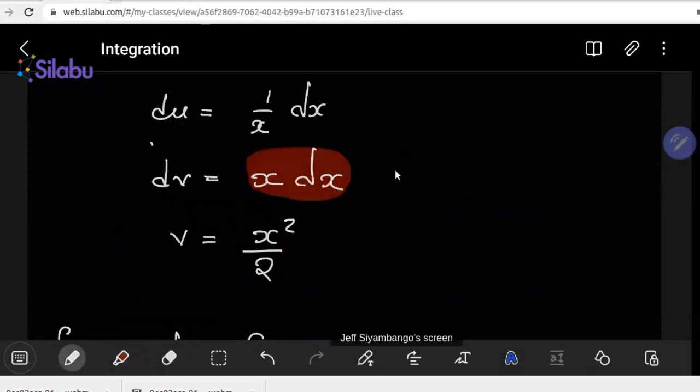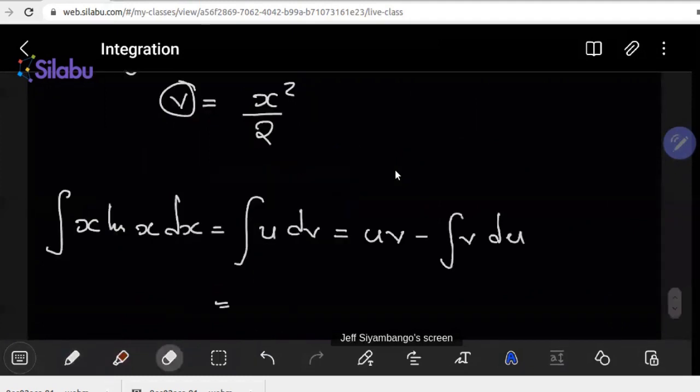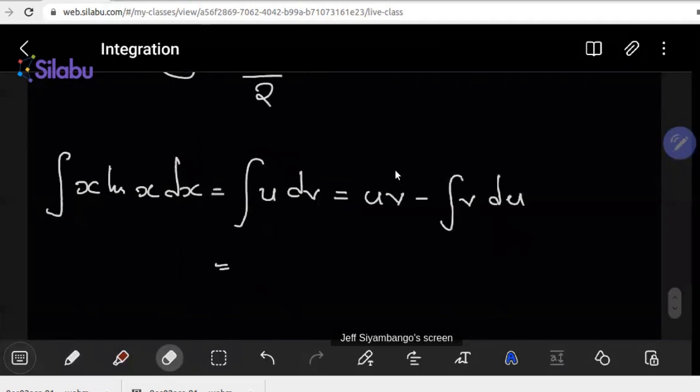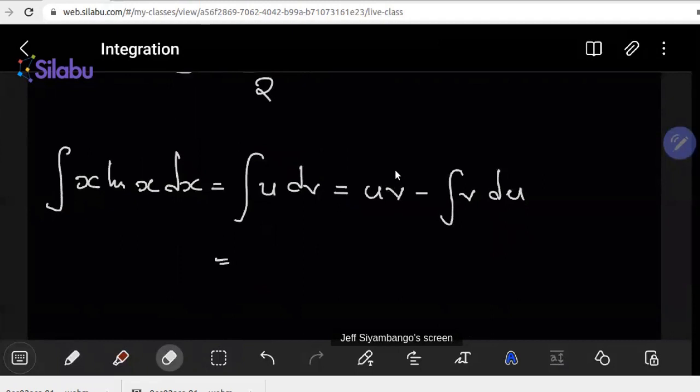The integral of dv will just be v. The integral of x dx became x squared over 2. From there, we then brought everything to the definition of integration by parts. This is the definition here. Now I am just substituting.